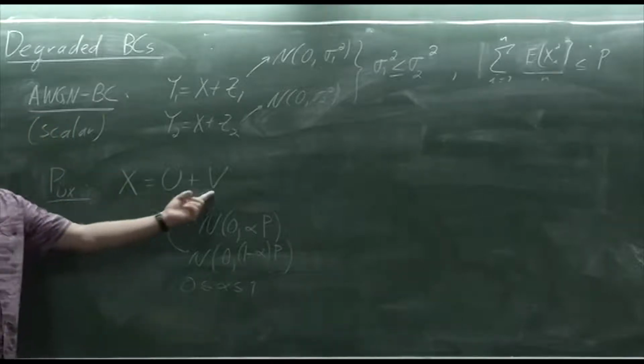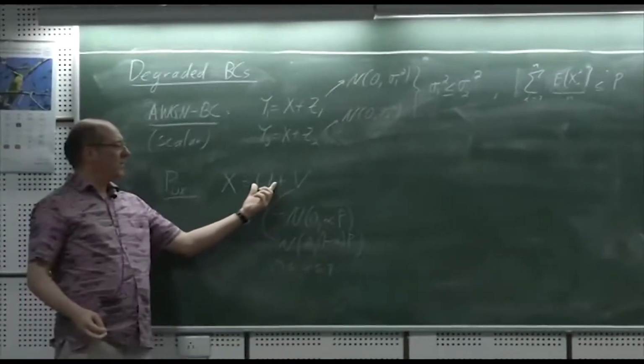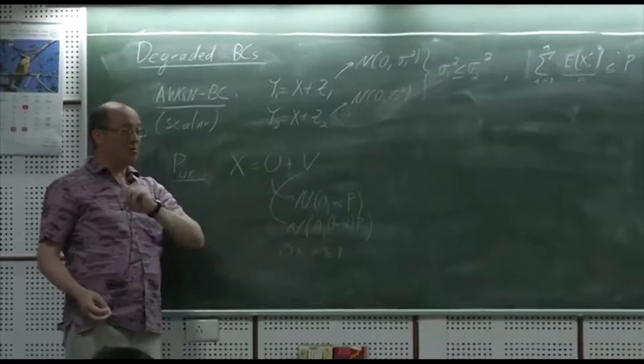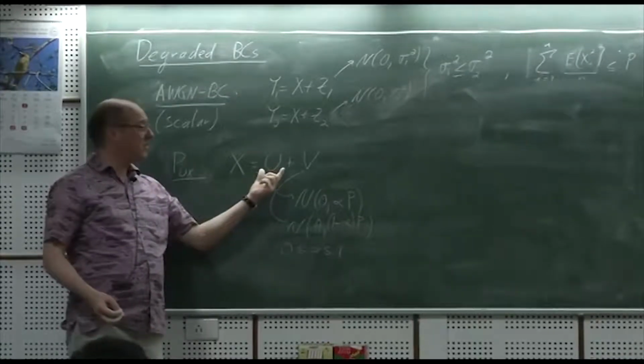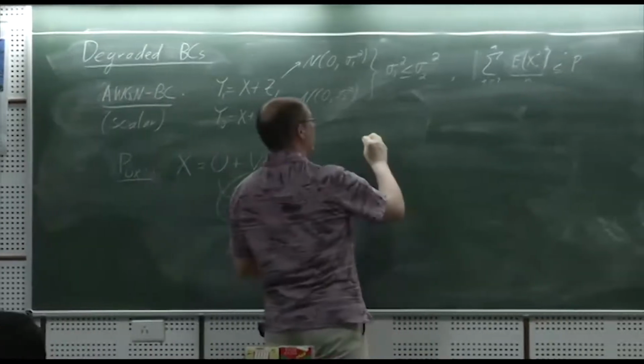If you look at this structure, you already see a different kind of coding method: one code word for u, one code word for v. But remember, our coding structure is different than that. This form motivates doing the following.